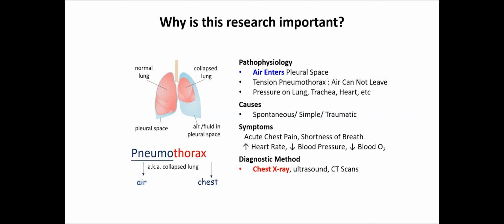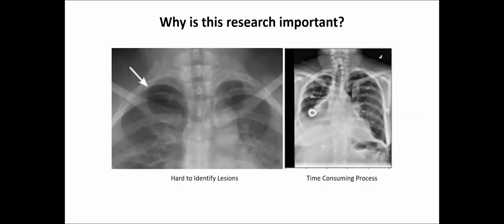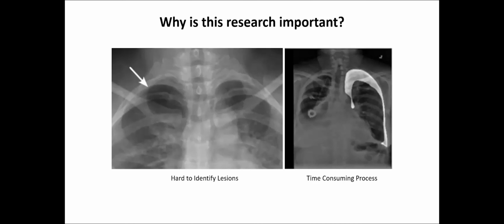Clinically, to examine such pneumothorax, the easiest way is to ask for a chest X-ray scan. But for more detailed examination, ultrasound and CT scans will also be deployed. As we can see here, on the left-hand side, in the chest X-ray, there is actually a pneumothorax.